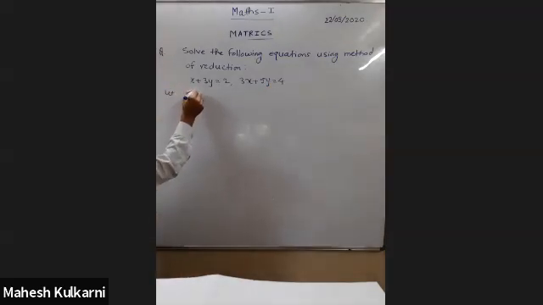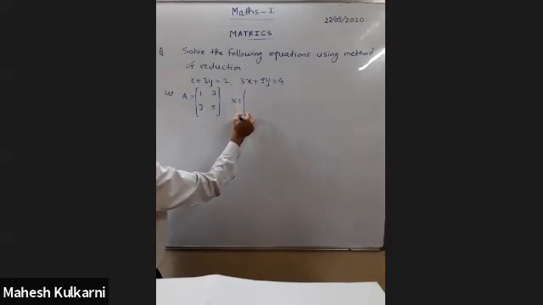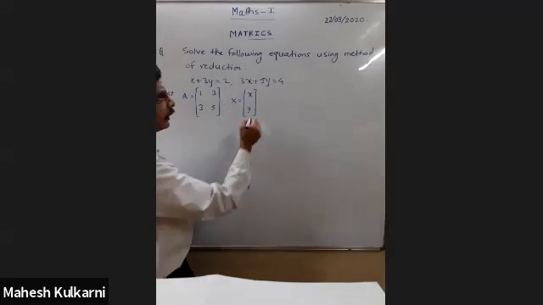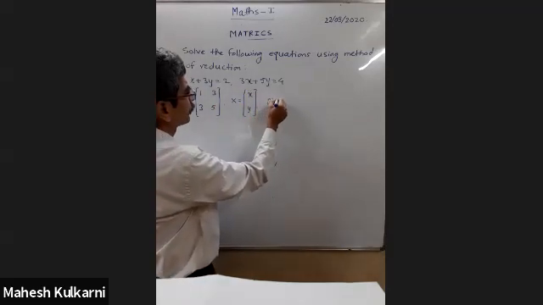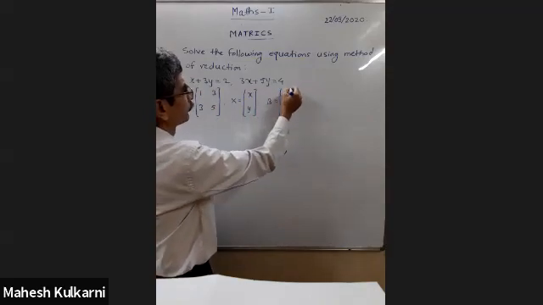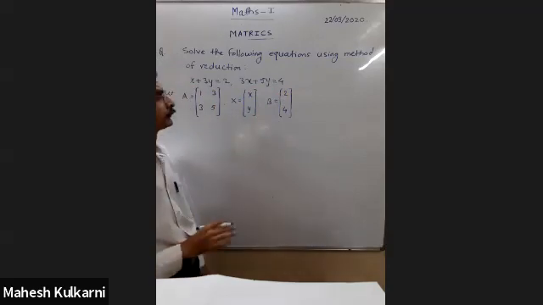Let A be the matrix of coefficients. X is the matrix of variables, so write x and y. And B is the matrix of constant terms, 2 and 4, like the previous one.